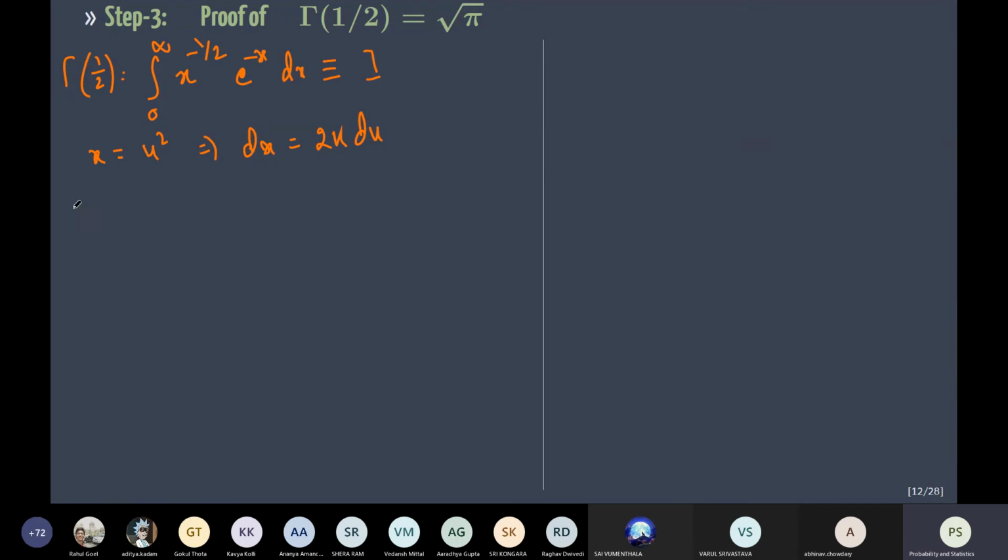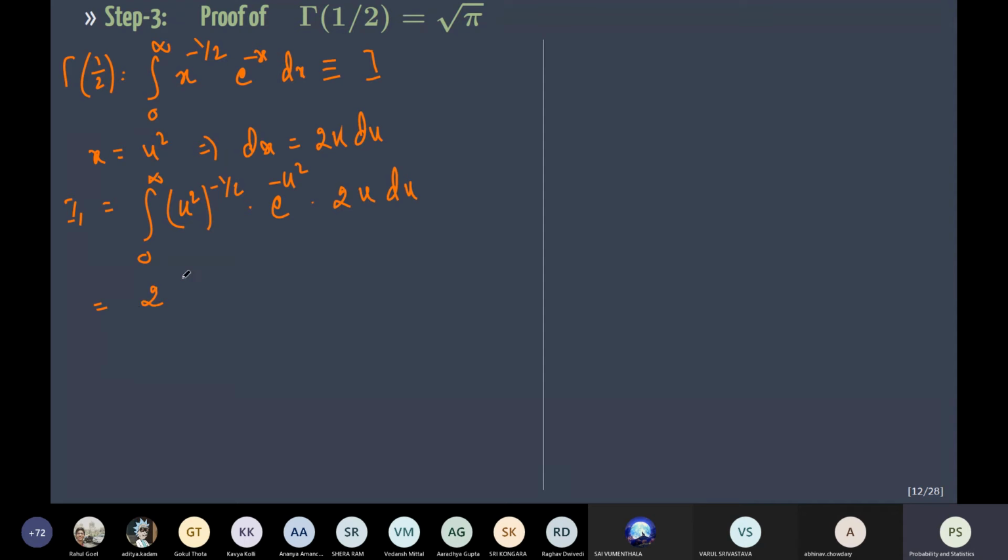So the integral I want is from 0 to infinity, with x as u squared, so u squared to the minus half, times e to the minus u squared, times 2u du, since dx is 2u du. The u cancels, because u to the minus 1 and u to the 1 cancel.